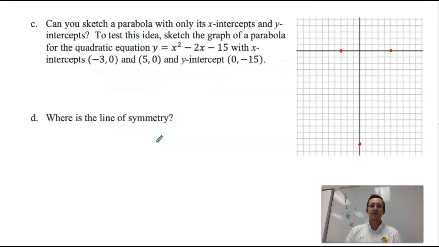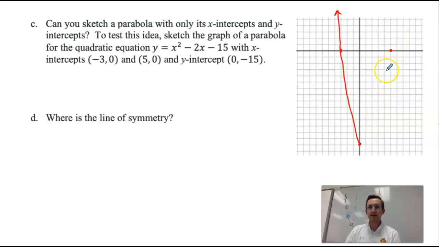So can we sketch a parabola if we know 3 points now? We know the two x-intercepts, (-3, 0) and (5, 0), and we know our y-intercept of -15. So it's these 3 points respectively. I think that would be enough to tell us what this graph is going to look like. Because we know from x equals 0 to x equals 3, this graph is going up just like that.